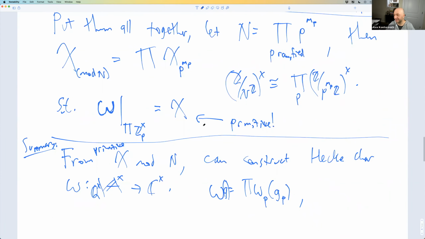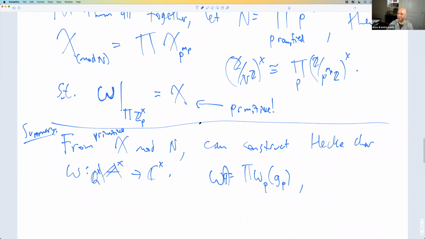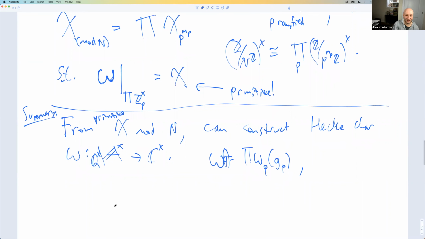But I took the minimal power, so that determines the conductor exactly. And what if omega p is unramified, or equivalently, p does not divide N?